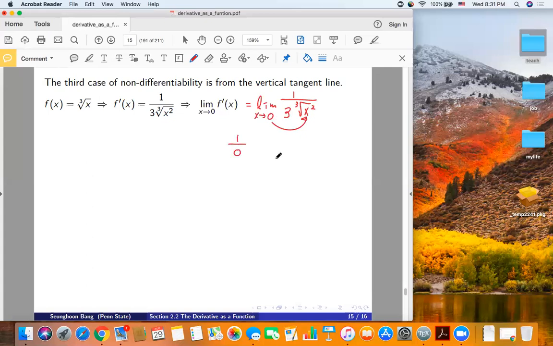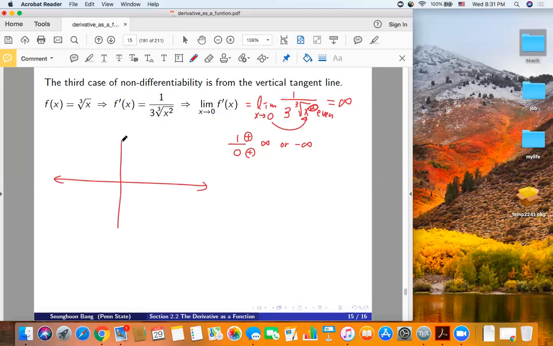What are the possible answers? Infinity or negative infinity. In this case, the 2 is an even power, and an even power is always positive. 1 is positive, so the answer is infinity. This is the whole idea. Is this true? Yes. You can sketch the graph. It's very clear.